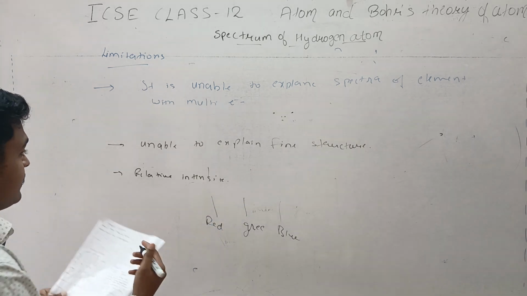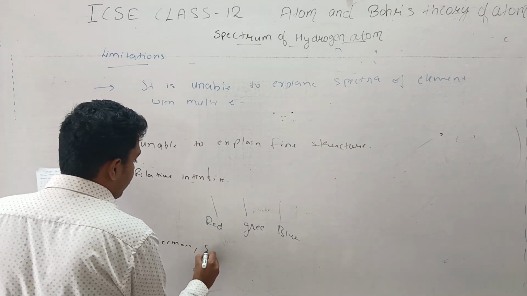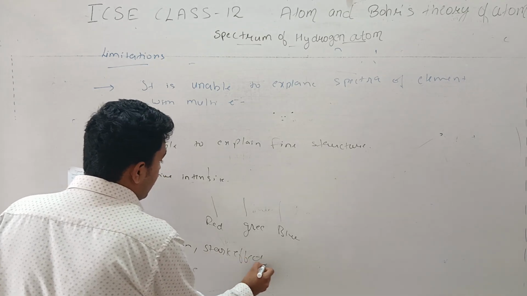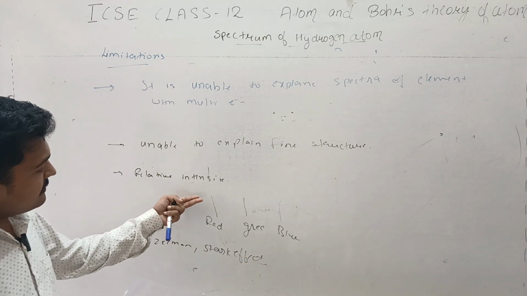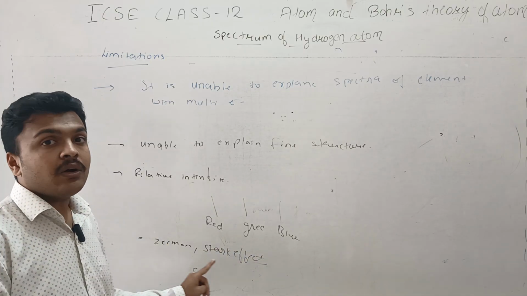There are certain other effects also, like the Zeeman and Stark effect. What is the Zeeman and Stark effect? These lines get further split in the presence of a magnetic or electric field.